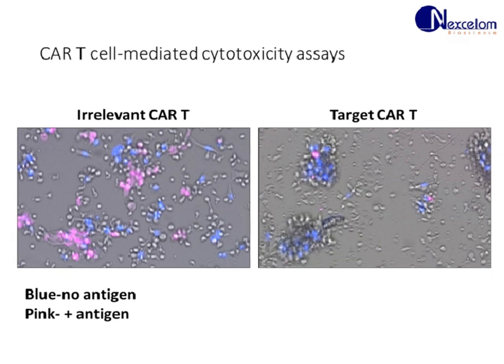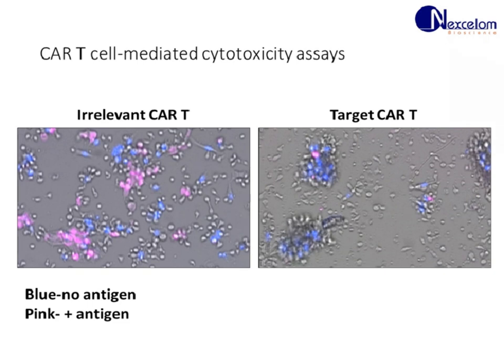And in this experiment, you can see samples with the irrelevant CAR T, the target cells remain in the well over time for about 24 hours. In the target CAR T, you can see the pink colored target cells are killed off, where they don't exist or are not present in the samples anymore.